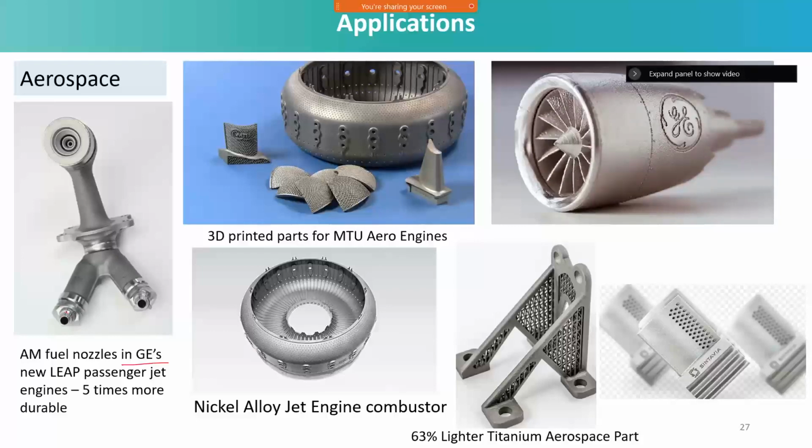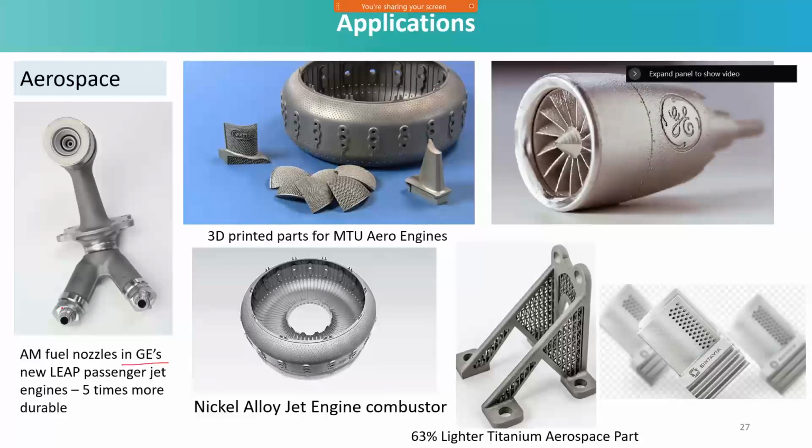So generally when you talk about AM, one objective many have is light weighting, to reduce the weight. How to reduce the weight? By optimizing the structure. The second one is parts consolidation. In conventional manufacturing, you are unable to consolidate the parts because of manufacturing intricacies or difficulty.